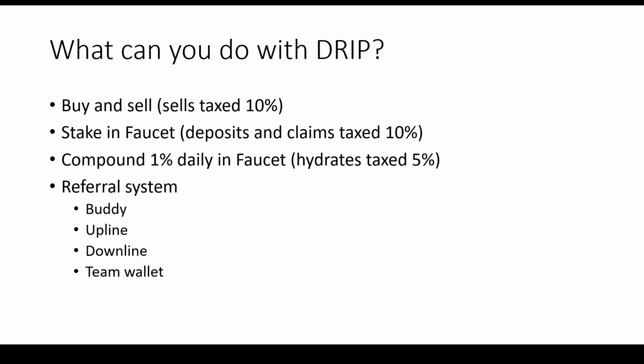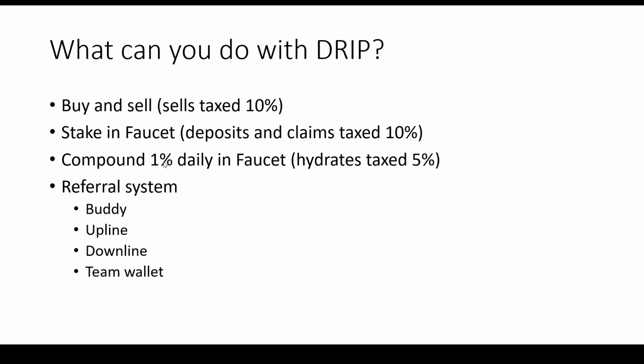And so here's the main function of your deposits in the Drip Faucet contract: you compound your deposit at 1% a day. Every second of every minute of every hour of every day, the Faucet contract pays you in Drip tokens 1% of whatever you have on deposit.